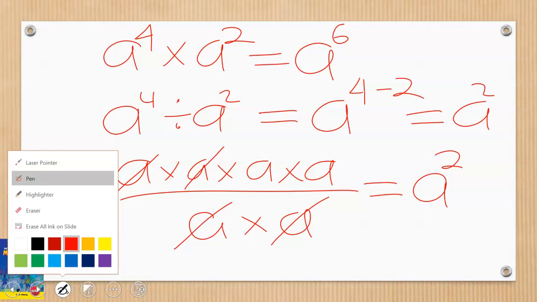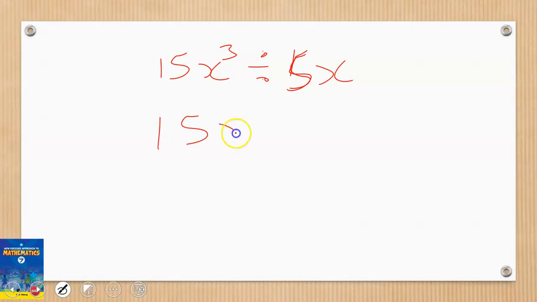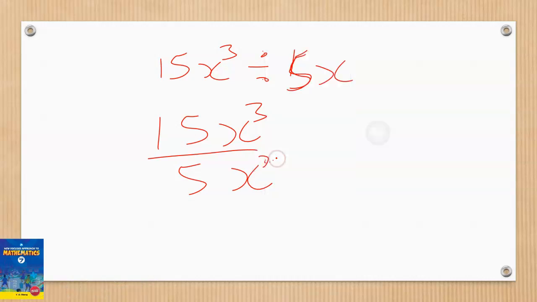Now, when we come to this with coefficients, again, we do coefficients separately and variables separately. So if I have, let's say, 15x cubed divided by 5x, 5 can divide 15 as 3.